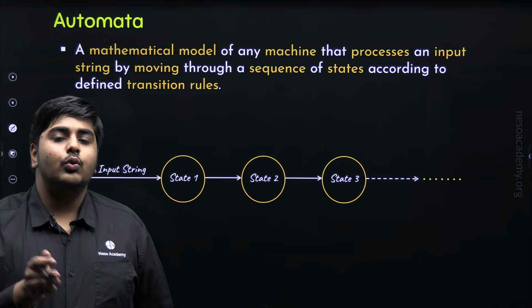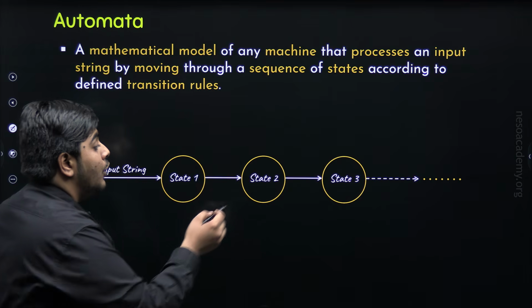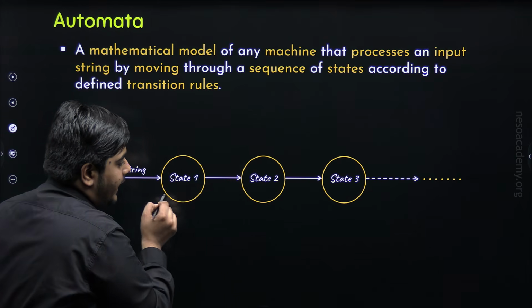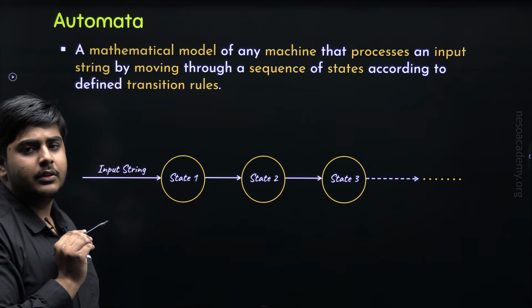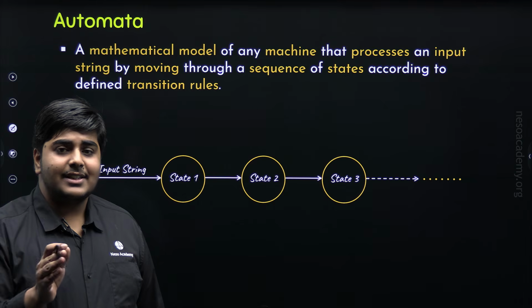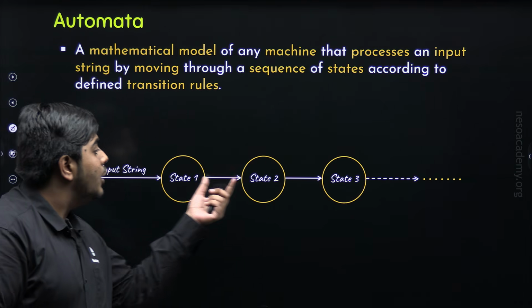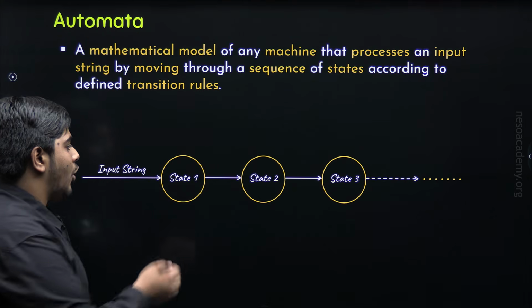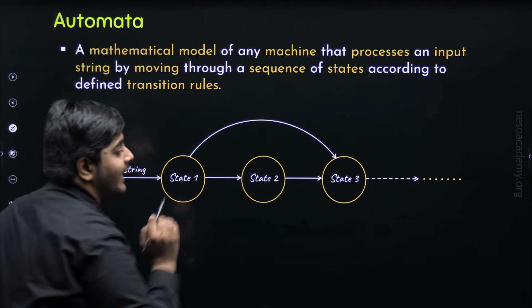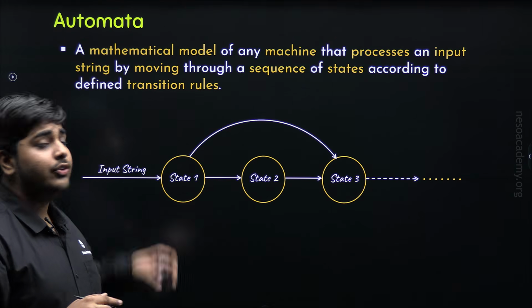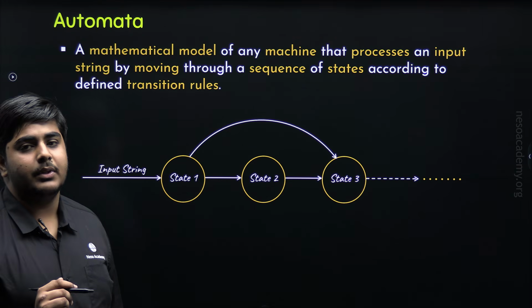So a transition rule tells us which state will come next on the basis of the current state and the current input. Now, it is not always necessary that there is a transition from state number 1 to state number 2. There can also be a transition from state number 1 directly to state number 3. But that depends on the transition rules and the current input symbol.